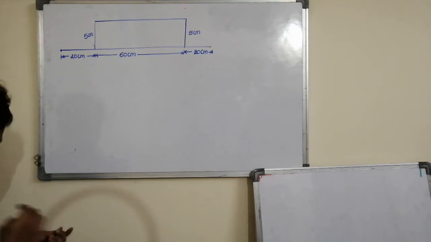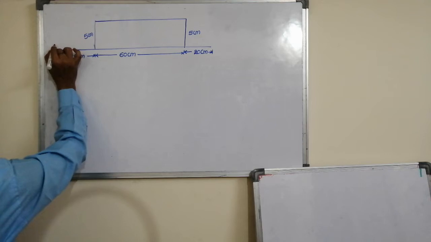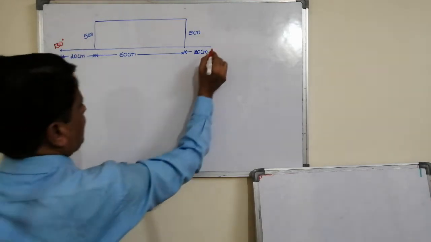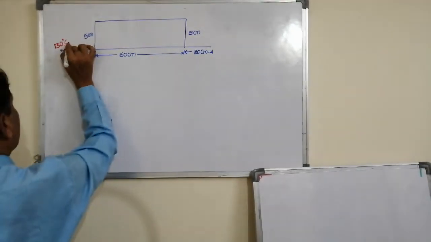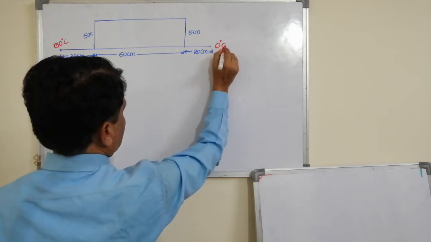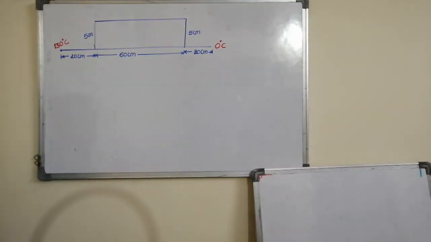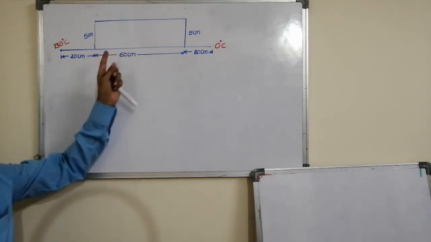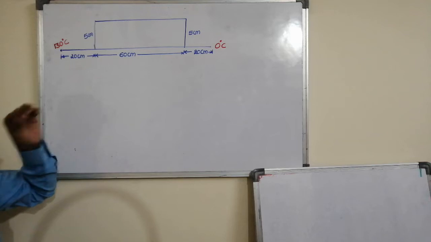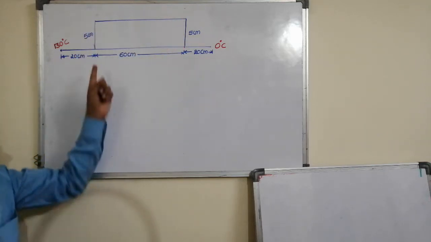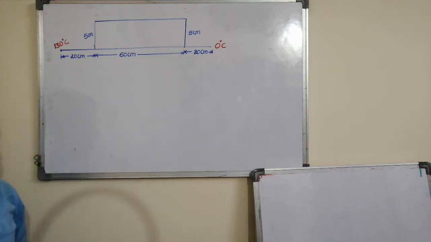Suppose assume this end is maintained at 130 degree Celsius and this end is maintained at 0 degree Celsius. Then what is the ratio of current flowing through this bent portion and its straight portion?